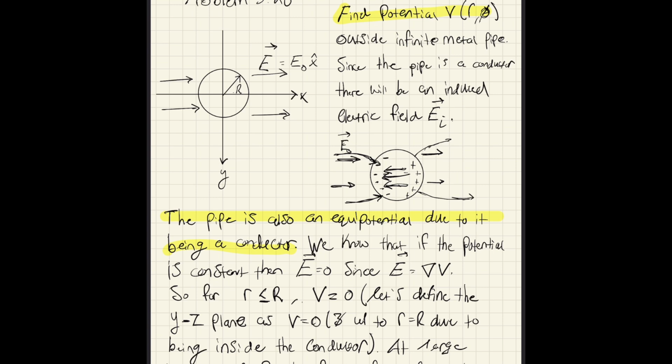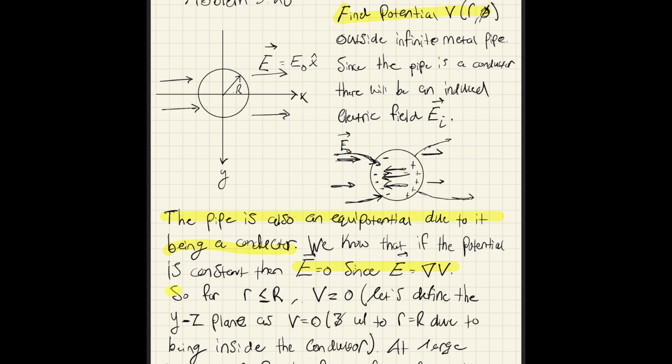And if the potential is constant, then the electric field inside the pipe is zero, and we know that the electric field inside conductors is zero, since no work is done to move a charge inside a conductor, so the electric field must be zero. Or you can get it from the fact that the electric field is the negative gradient of the potential. If the potential is a constant, then you just take the derivative of a constant, which is zero.